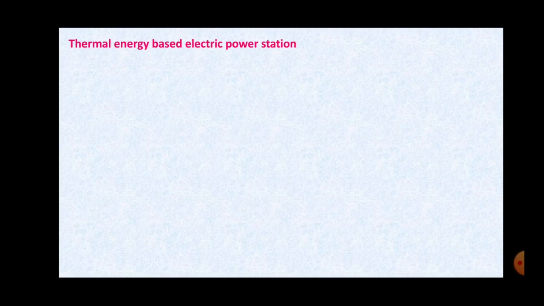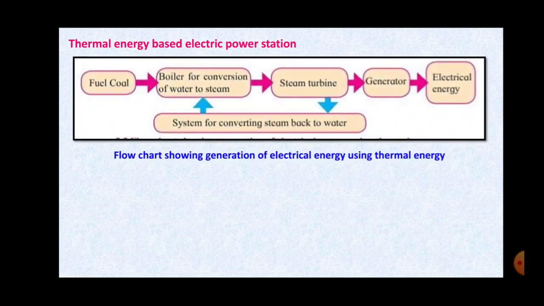Now we'll start with the very first one, the thermal energy based electric power station. Thermal energy is nothing but the steam, right? And from where do we get this steam? We get this steam from coal. So the fuel or raw material used in the thermal power plant is coal, right?